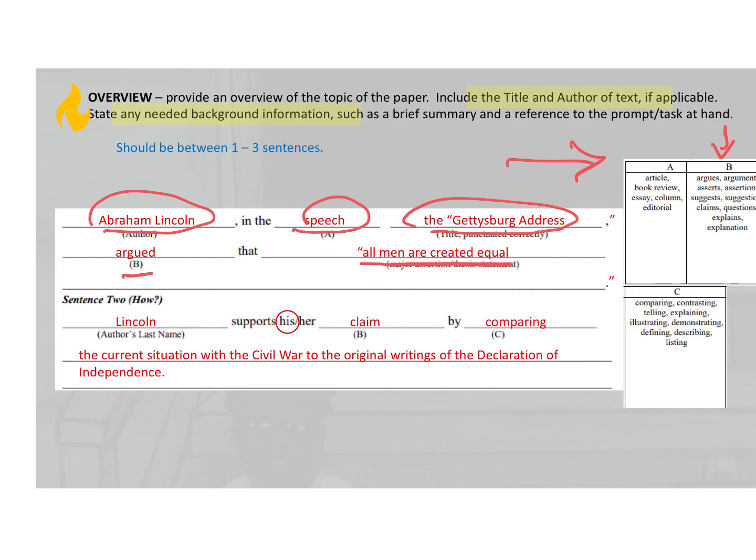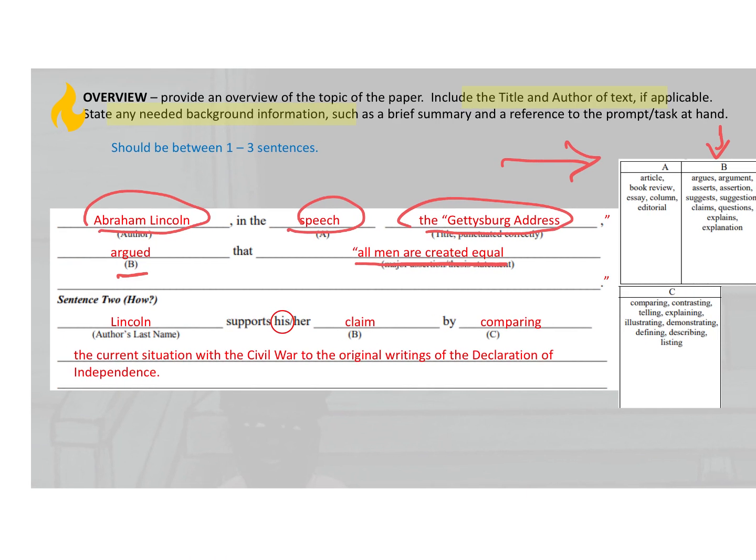Sentence 2 would give the background information and describe it. This is the background. And then your thesis, and this is why I said a minute ago that the fill-in-the-blank outline or thesis that I gave you wouldn't work.